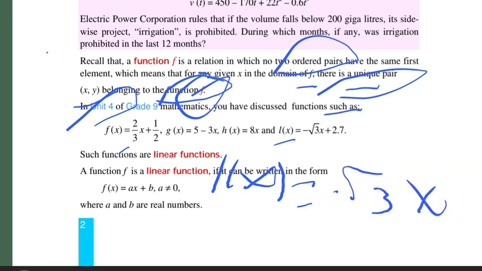X is outside of the radical. The radical stands only for 3.